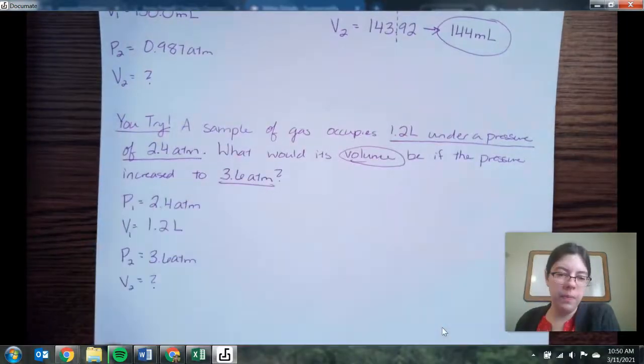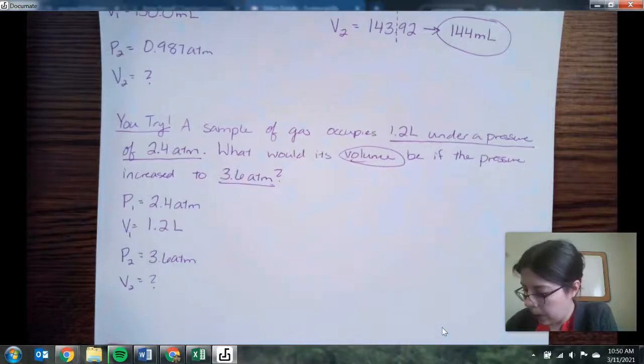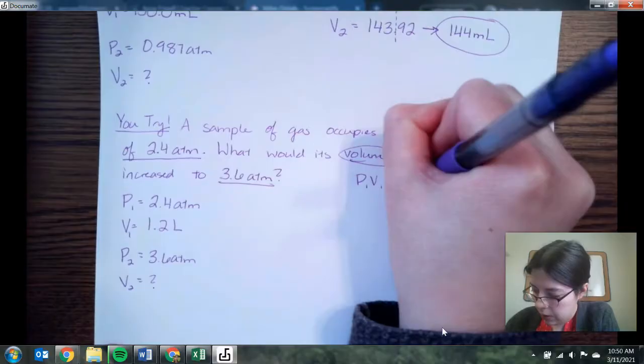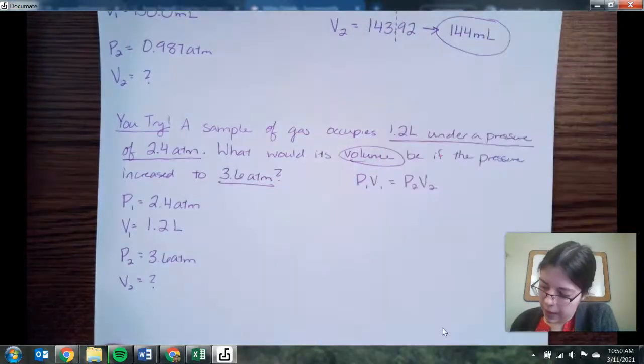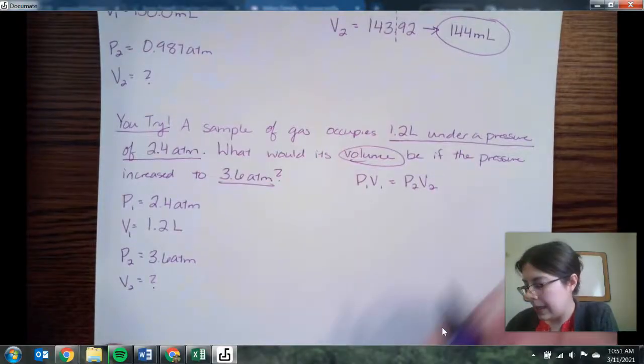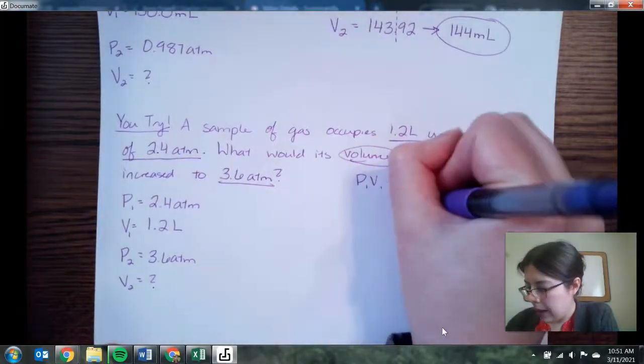So that's our unknown. So if we go ahead and set up our equation, P1 V1 is equal to P2 V2. Okay. Now I can plug the values in now, or I can rearrange my equation first. I know I want to get V2 by itself, so I'm going to go ahead and do that.